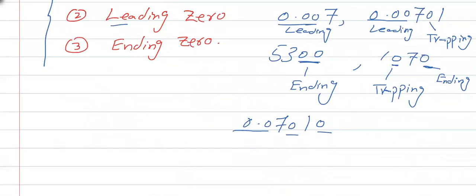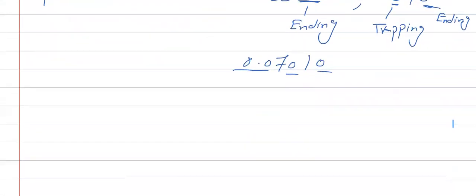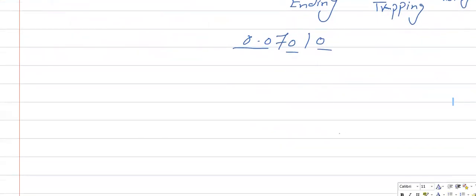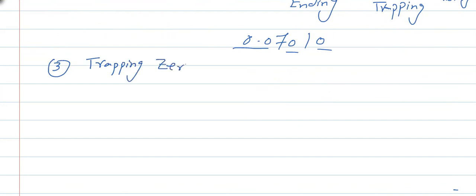So now remember, we are saying 0 may be significant, may not be significant. Now we have to decide when it will be significant, when it will not be significant. So rule number 3 says that if the 0 is trapping 0, it is always significant.